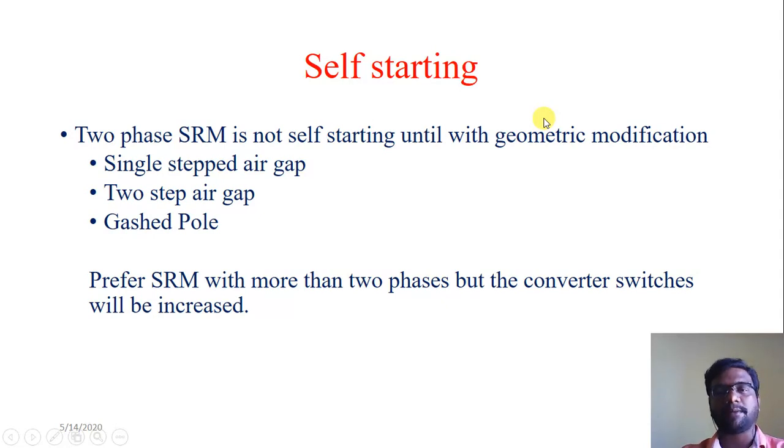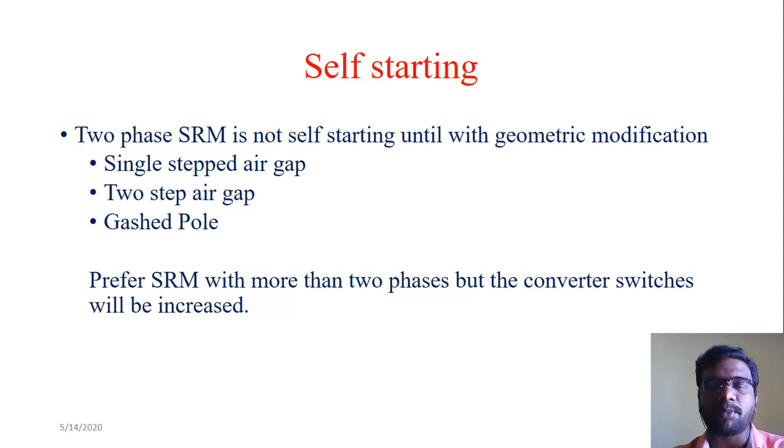And the first one, coming to self-starting. Now we are going deeper. Coming to a two-phase SRM motor, we know that a two-phase SRM motor is not a self-starting motor. In order to make this two-phase SRM motor self-starting, we do some geometric modification.